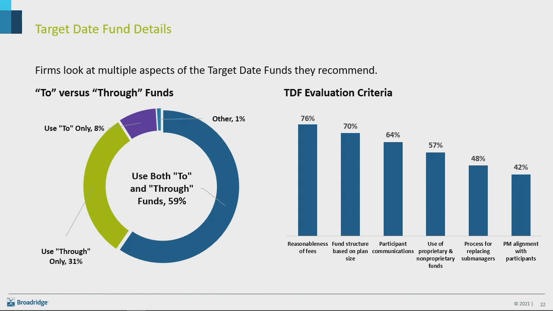Another area that has received a lot of scrutiny and attention in this second criteria is evaluating the appropriateness of different asset classes. The third criteria relates to the effectiveness of participant communications and education materials, and a little more than half do some level of review around proprietary versus non-proprietary usage within the target date funds.